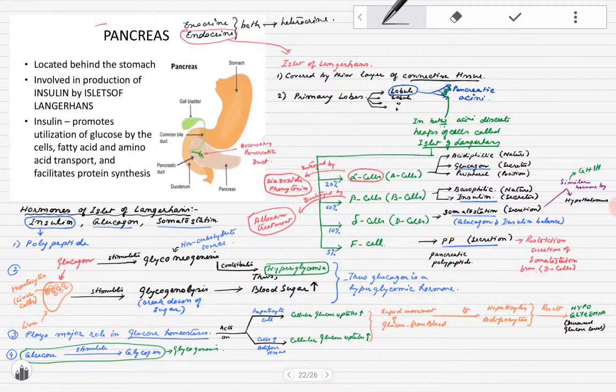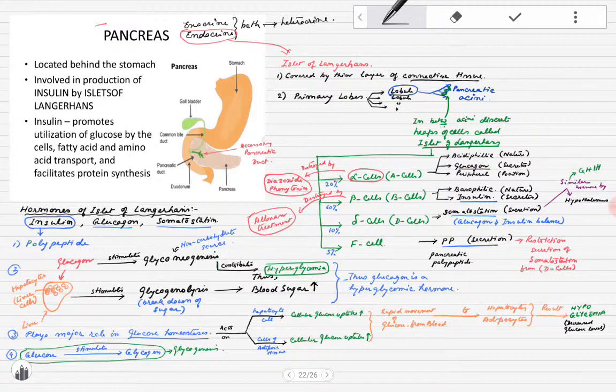Now, it is involved in the production of insulin by the islet of Langerhans, and this pancreas is covered by a thin layer of connective tissues.